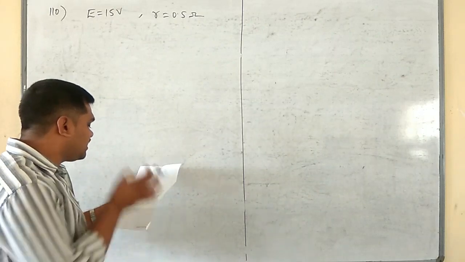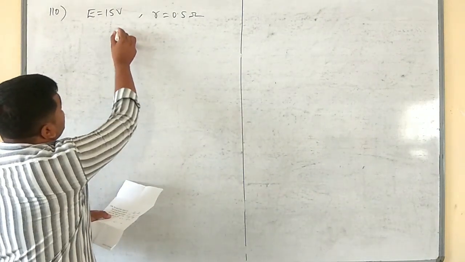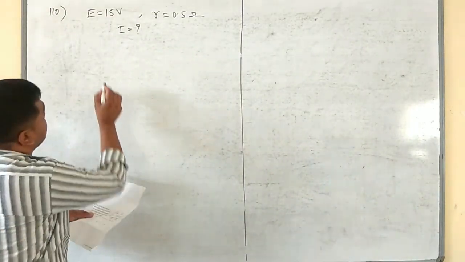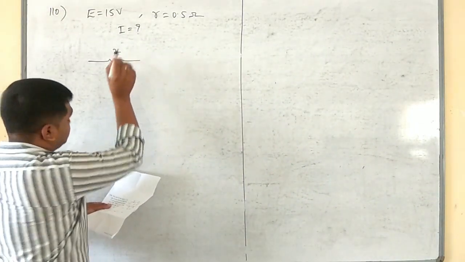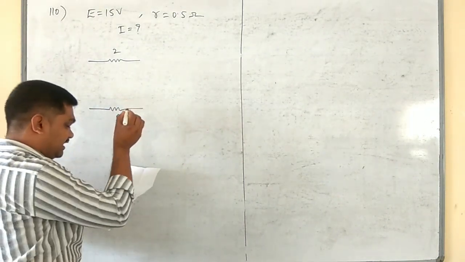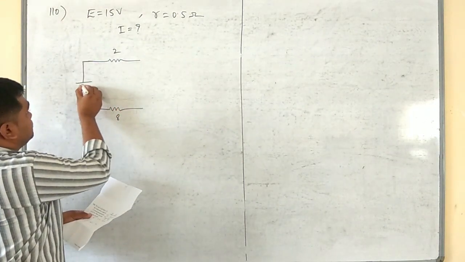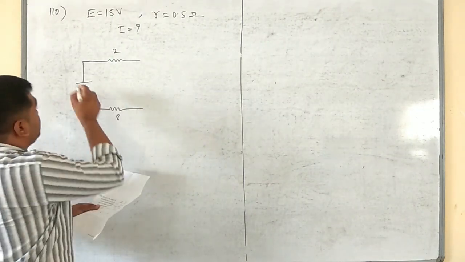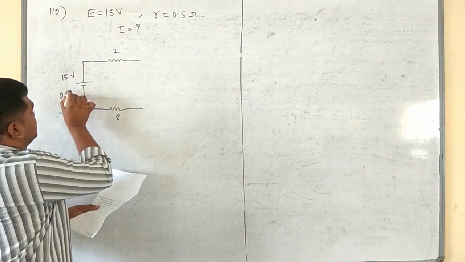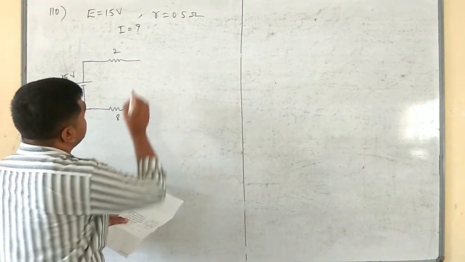What is the current drawn from the battery? We want to find out I. The circuit is given like this: 2, 8, 15 volt, with some internal resistance 0.5 ohm.